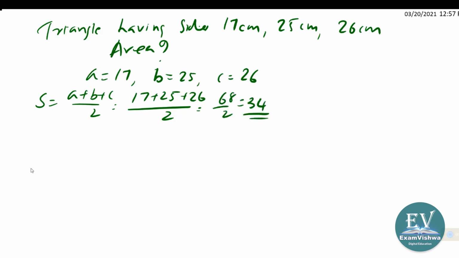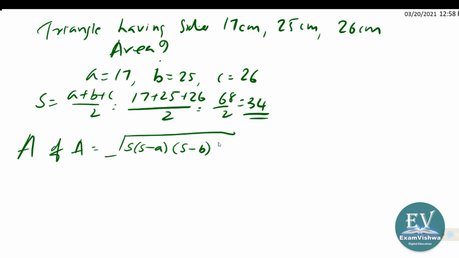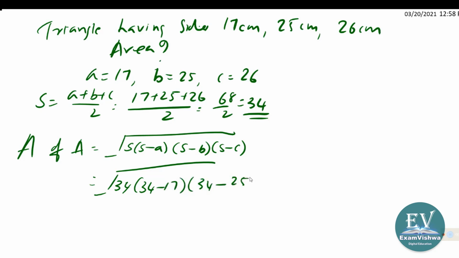We got the semi-perimeter. Now we will substitute in the formula for the area of a triangle. s is already available for us: s into s minus a into s minus b into s minus c, where we will be writing root of 34 into 34 minus 17 into 34 minus 25 into 34 minus 26. Now it became pure arithmetic.